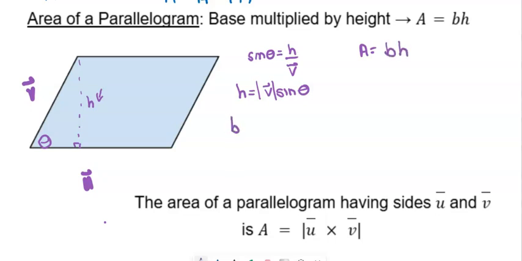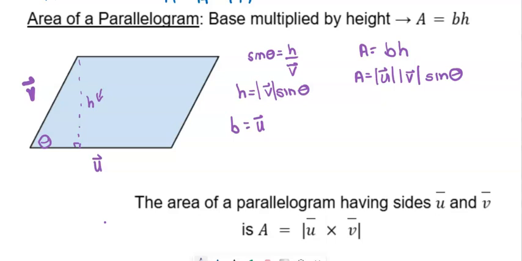Well, the base, in this case, is vector u. So I'm going to substitute base for vector u, and I don't care about its direction. I'm only interested in its magnitude for area. And for h, I'm going to substitute my new value for h. Now this looks very familiar.